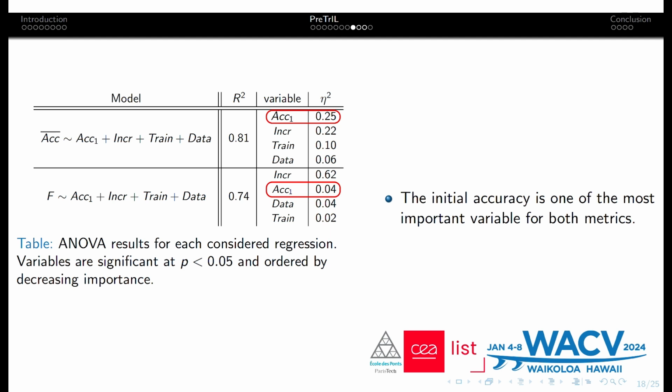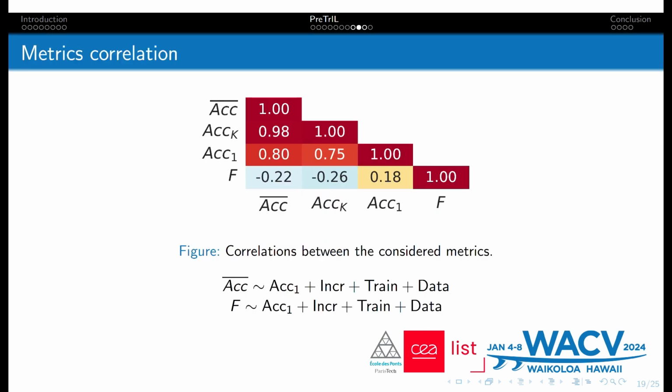We can see that the initial accuracy is one of the most important variables for both metrics, and we have to check the correlations. In our table, we see that there is a big correlation between the first accuracy and the forgetting, and the first accuracy and the average incremental accuracy. And so that's why we will try to get rid of it.